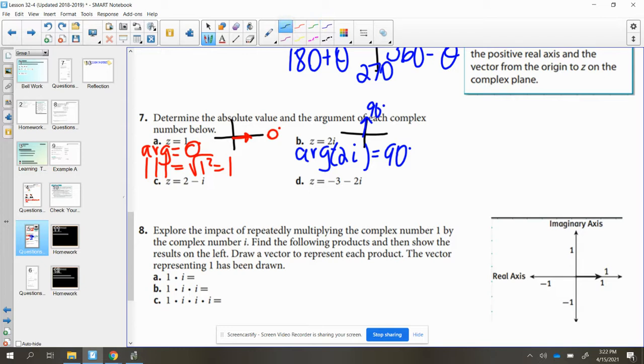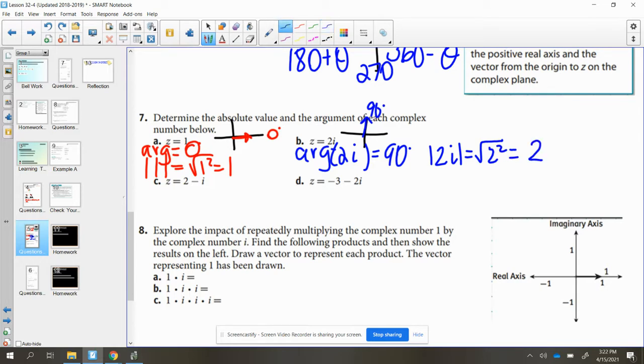As opposed to this, when we look for the absolute value of 2i, we know it's the square root of 2 squared plus 0 squared, which is just 2.